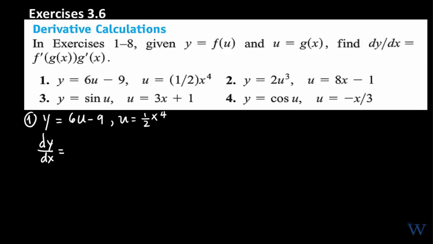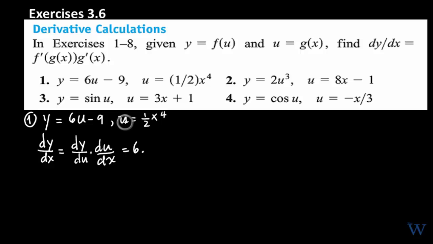Now remember, dy by dx is just dy by whatever it's acting on, du, multiplied by du by dx. This is the Leibniz notation. So if we want to write it down, what is the derivative of y with respect to u? It's actually 6 minus 0, so it's just 6, multiplied by du by dx.